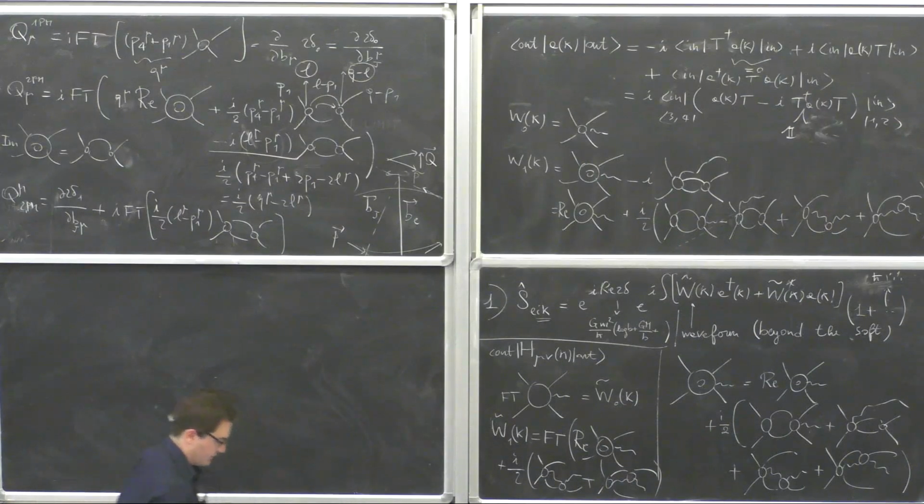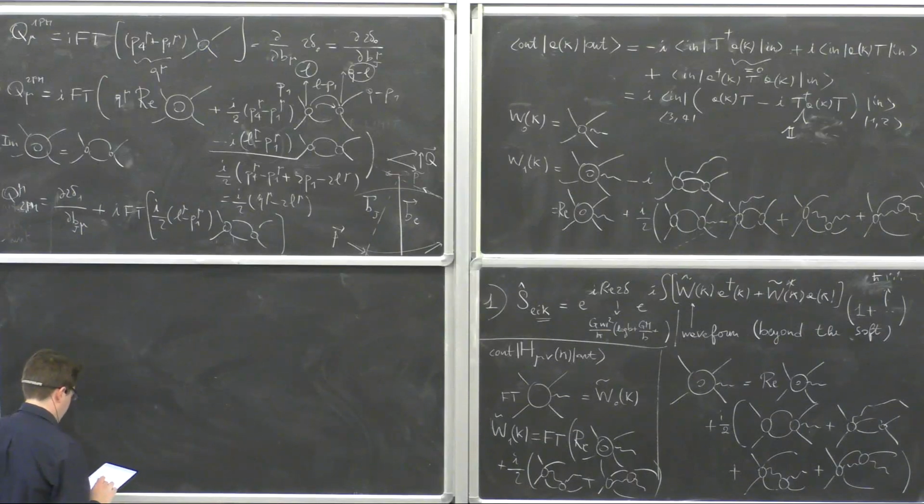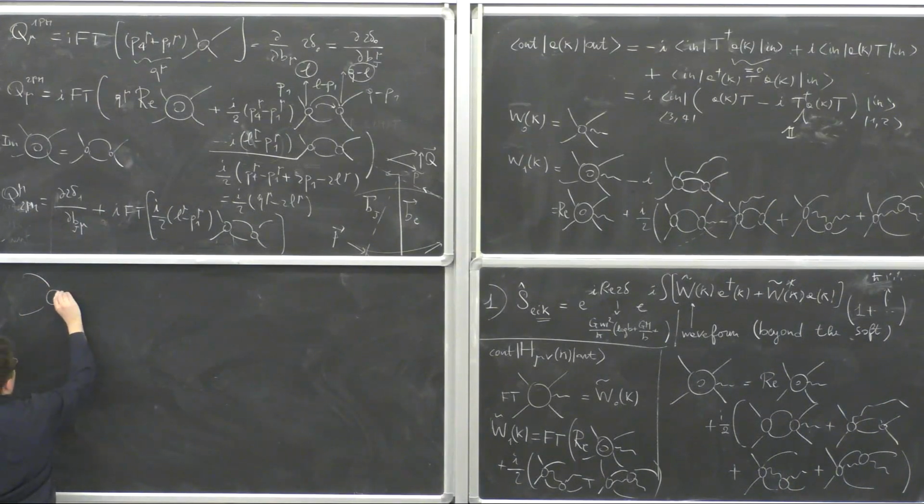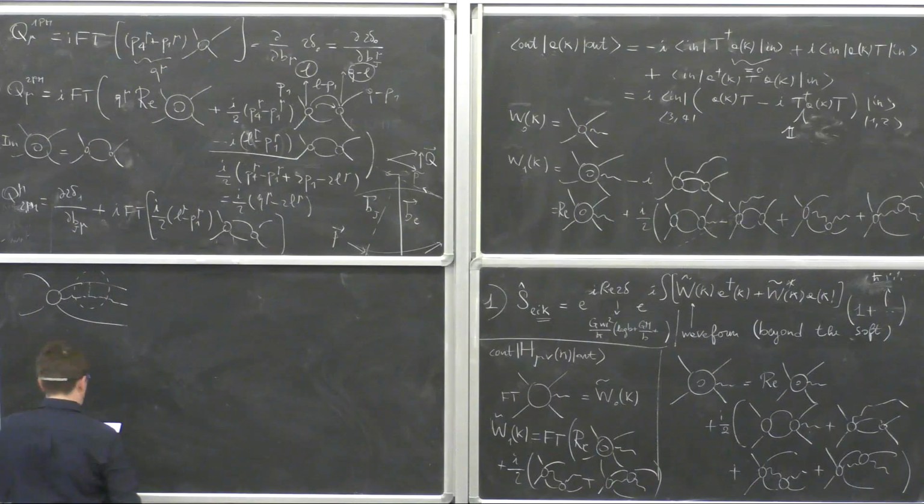And the reason is the usual one that you can find also in Weinberg. Each of these guys can involve, in particular, let me pick this one, a sub-process in which the two massive lines exchange a very soft graviton. And this process, as usual, gives rise to an infrared divergence in the integral.